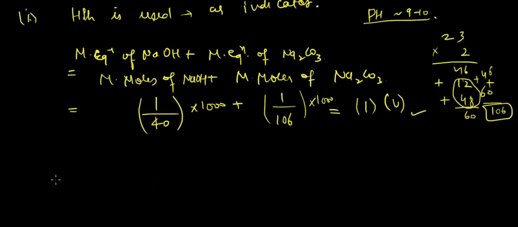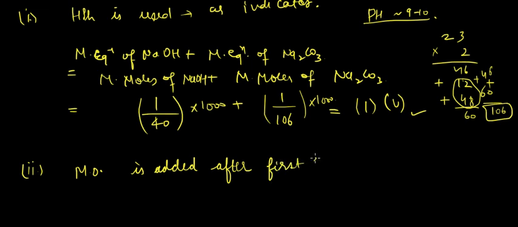So the second case is when, let's say, only methyl orange is used. First HPh is used as an indicator, and then methyl orange is added after the first equilibrium point with HPh.